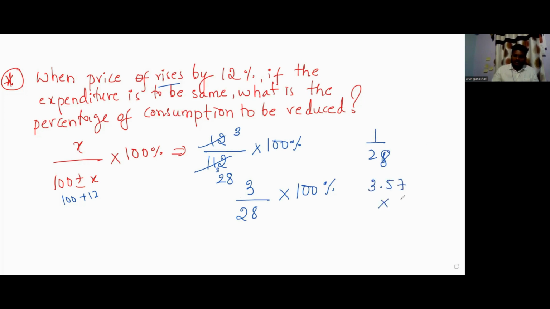So 3.57 into 3. What is 3.57 into 3? It will be 10 point something. I think it will be 10.5, or 10.6 or 10.7. That will be our answer. Getting this? How we are solving all these kind of questions?